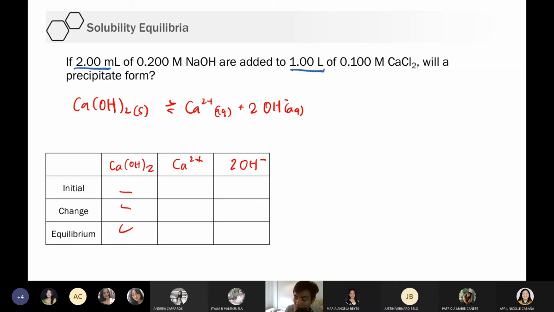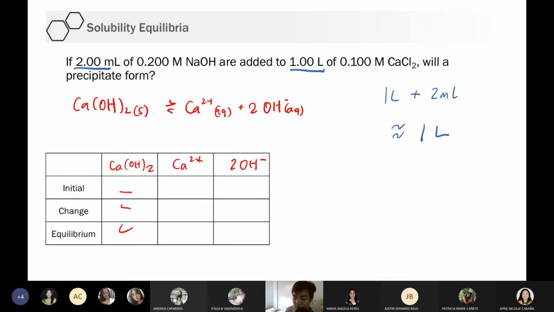So that means kapag inadd mo yung 1 liter plus 2 ml, the volume of the solution will approximately be equal to 1 liter pa rin. Because again, 2 ml is a very small volume for the liters. No? Okay.